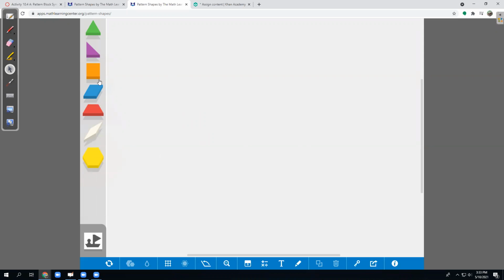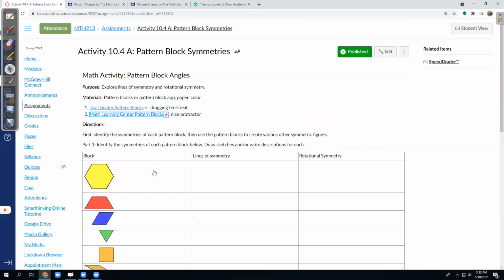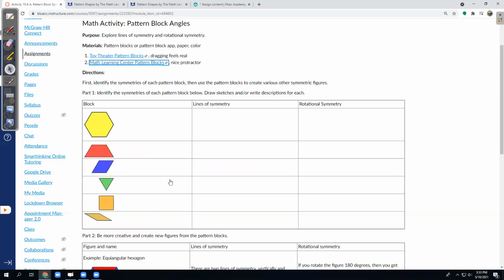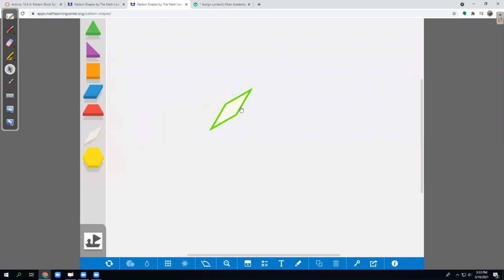So for example, let's see, which one do I want to do? How about we do this guy down here, this skinny rhombus. I'm going to play with this one here, and I want to identify its lines of symmetry. So I'm going to bring up my line tool.